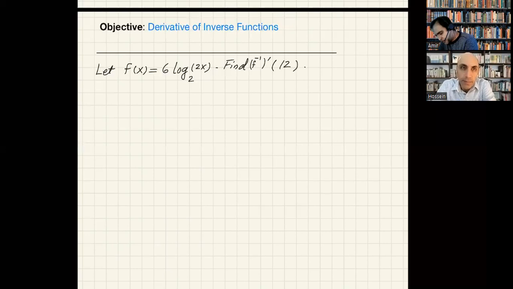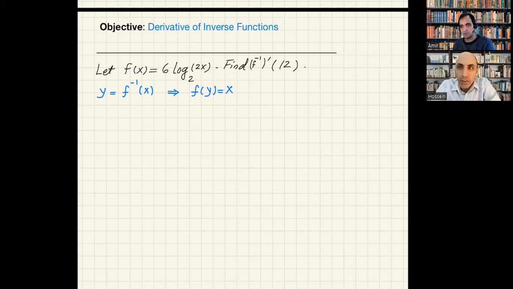If we assume that y is equal to f inverse of x, then we can say that f of y is equal to x. And function f should be a one-to-one differentiable function, and also f inverse should also be a differentiable function.